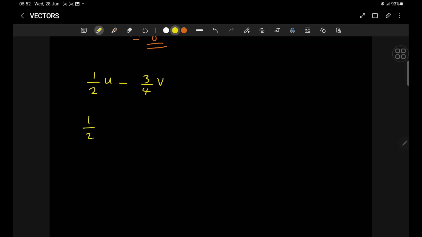So we have 1 over 2 multiplying the vector u, which is 3i minus 2j, then minus 3 over 4 multiplying negative 2i plus 3j.